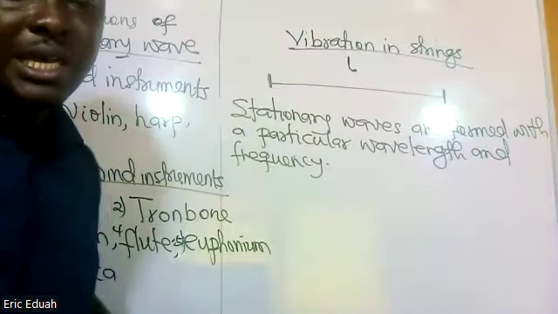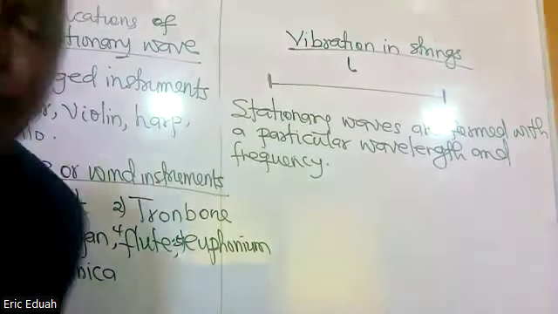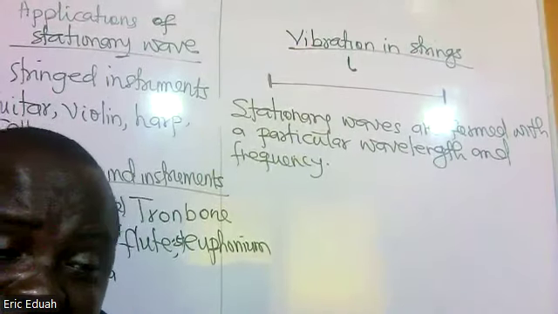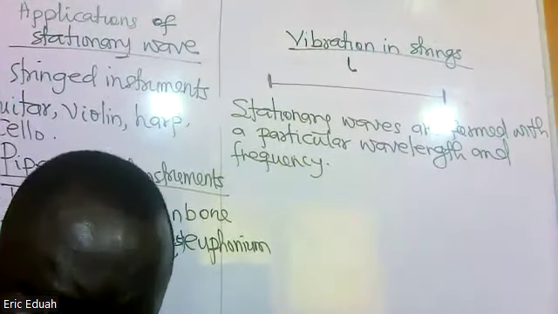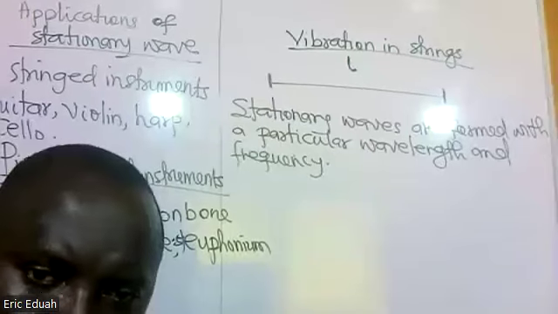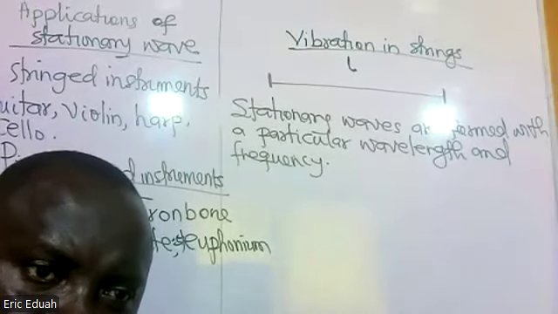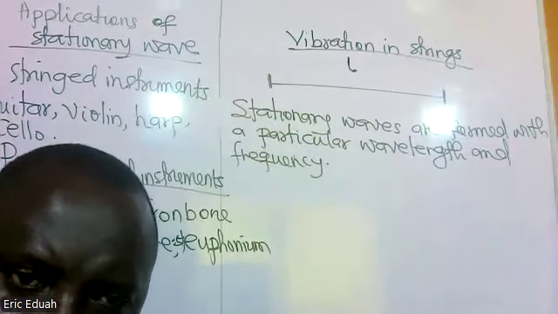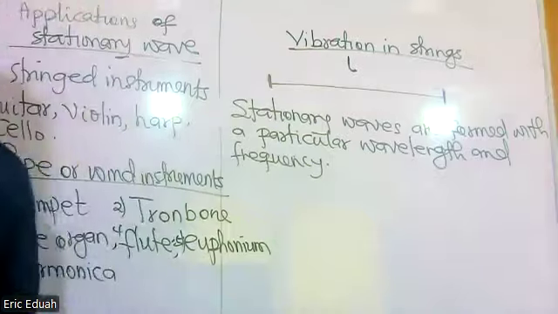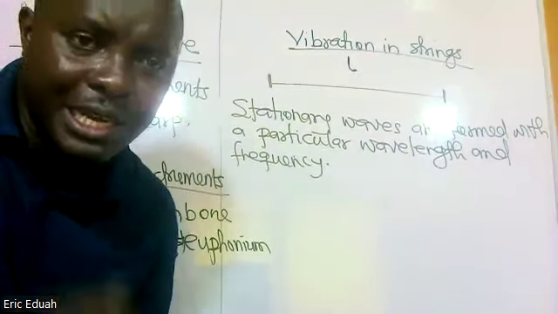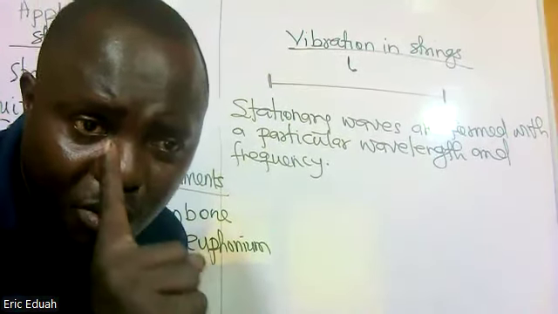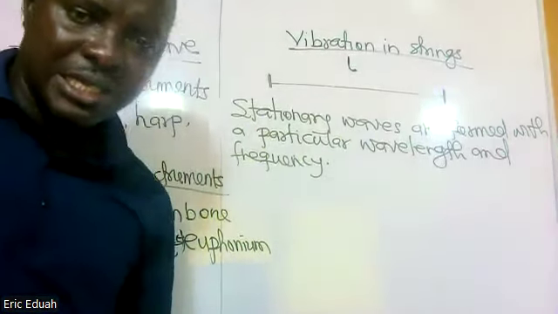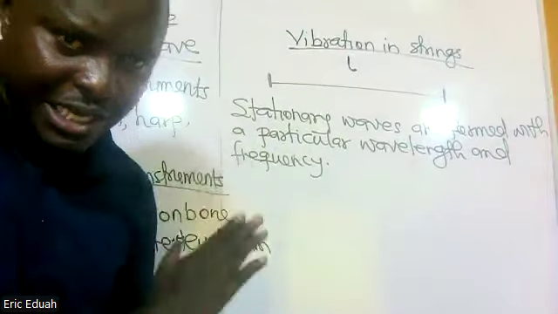What I mean to say here is that for stationary wave, you need a particular wavelength and frequency to form it. But for progressive wave, any wavelength and frequency can form it. But for stationary wave, you need a special, a particular frequency and wavelength to form it. So these are special.